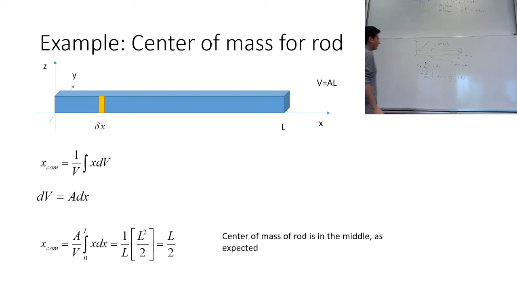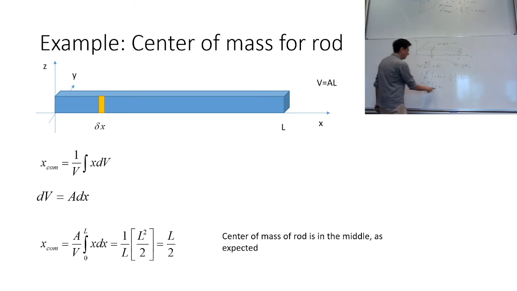So that's the volume element, so I'm going to put that in there. So 1 over volume times x, and I should put delta V here. I'm going to convert that delta volume element into a differential, so we've got dx, and the area here is just a constant, so I can pull that out and write it over here.